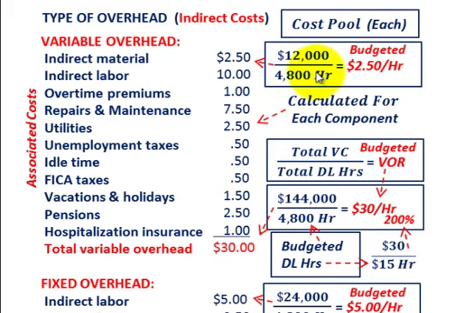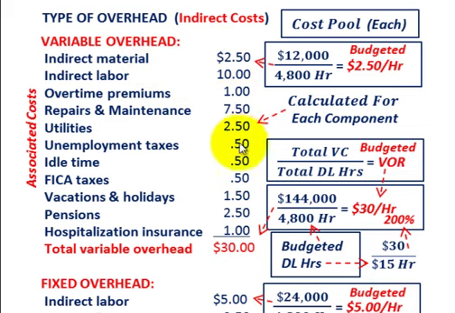So we're doing all our cost allocation on direct labor hours. You divide 4,800 into 12,000, and you get a variable overhead rate of $2.50 per hour. So for every direct labor hour used in this particular cost pool, $2.50 is going to be allocated as indirect material.